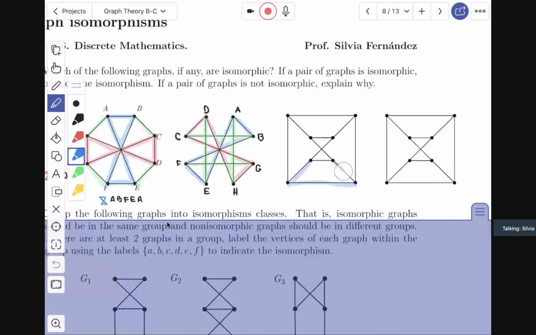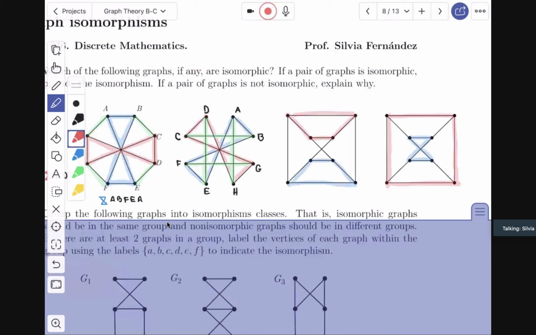We can try this, or another possibility, the other C4s that are in your picture are these ones. You could try that and see which one.